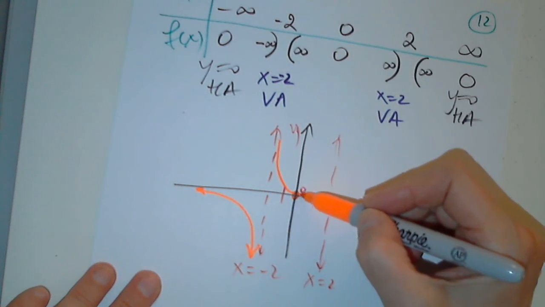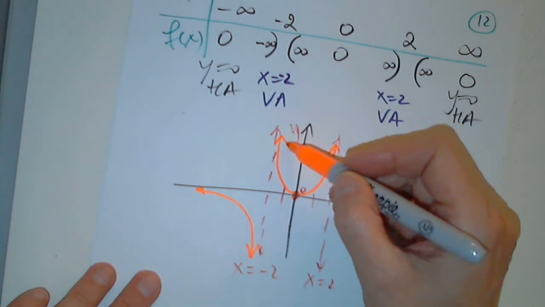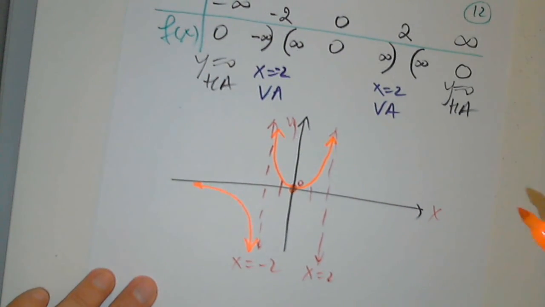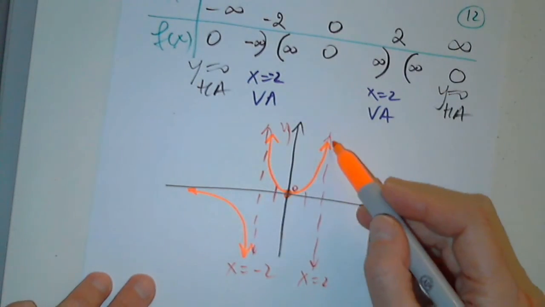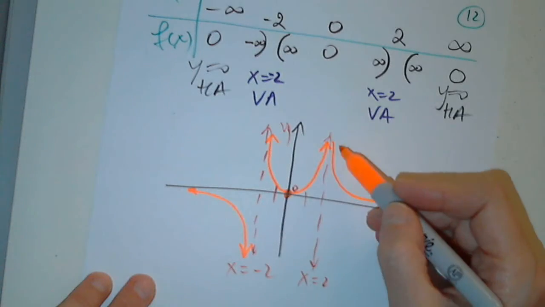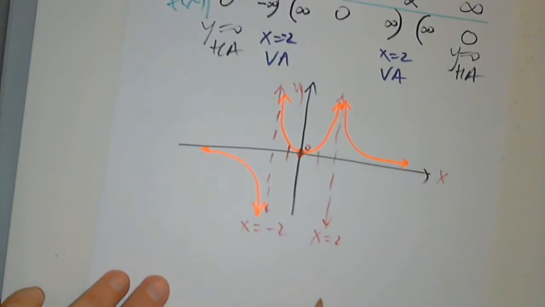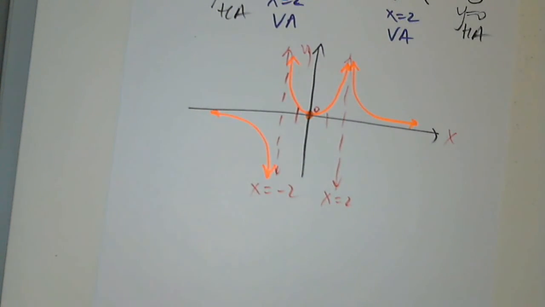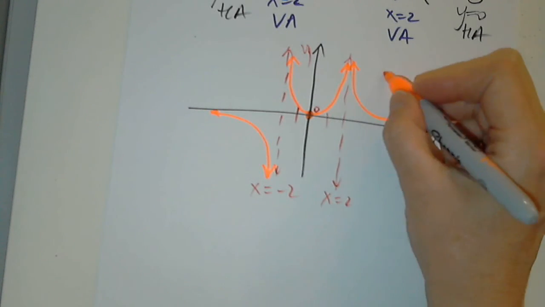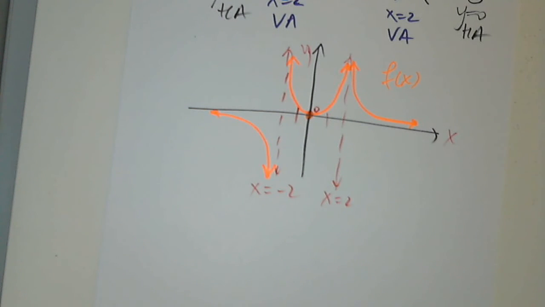That's really nice, a nice symmetric function. And then from positive infinity to 0. Not anymore. It was symmetric till the right-hand side came in. So this is it. This is f of x. It's not the only correct answer.